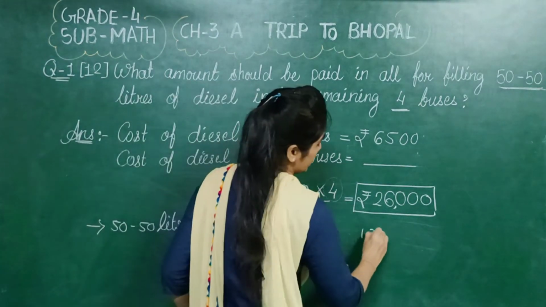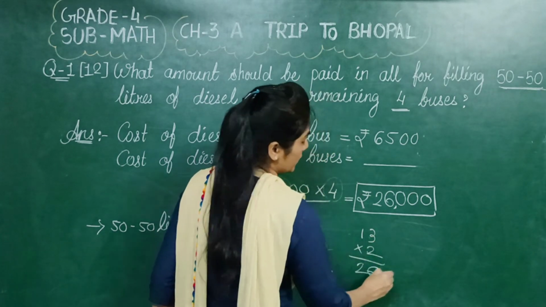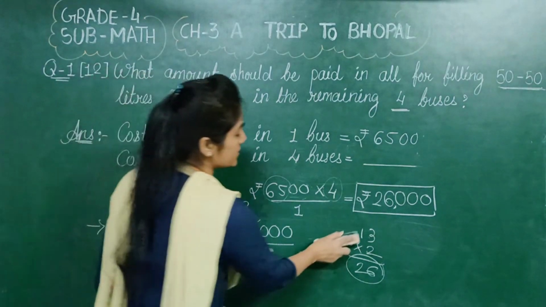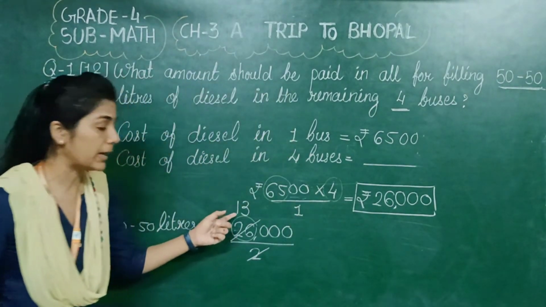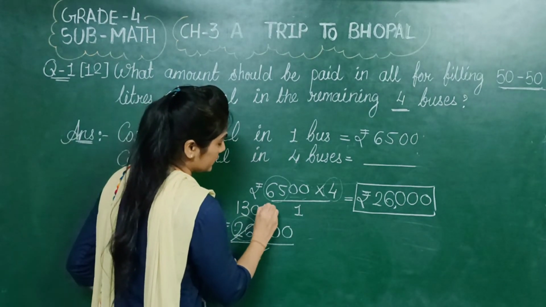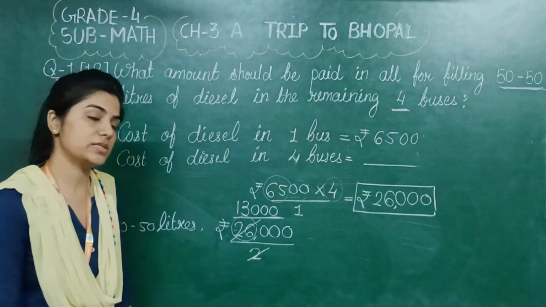You can cross check: 3 2s are 6, 1 2 is 2, means 13 2s are 26. So directly I have cut this 2 and 26 and kept 13. Now this 0 you can put at the back. That is, 13,000 rupees is your answer.